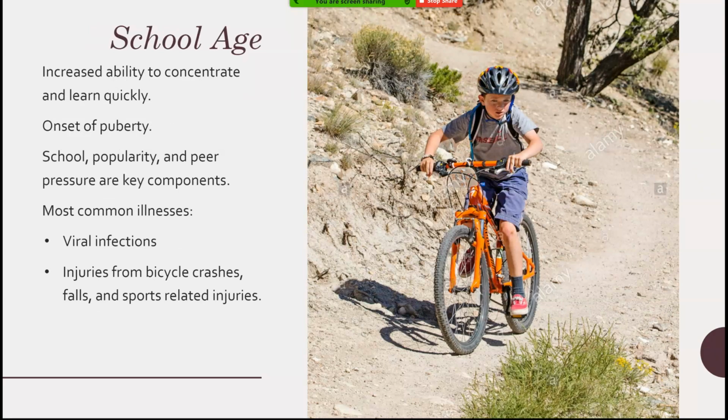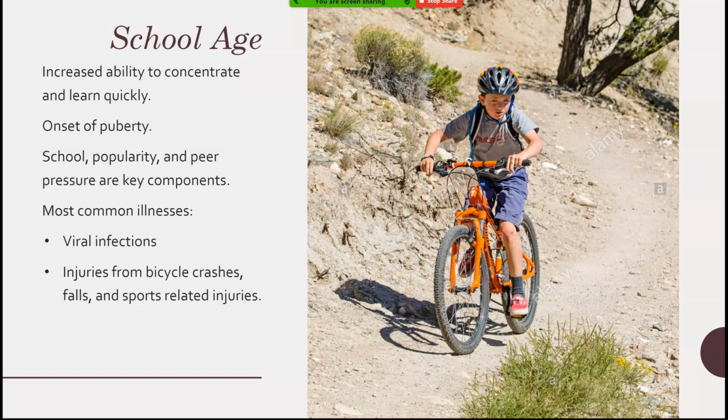Similarly, school age kids, right? So like that 7 to 12-ish age, right? They all of a sudden will be able to be very focused. And this is part of the reason that school is the way that it is, right? It starts to get longer and longer as they get older and older, and they start having more intense learning that they need to do, because they are able to concentrate, and they're still little sponges, so they learn a lot.